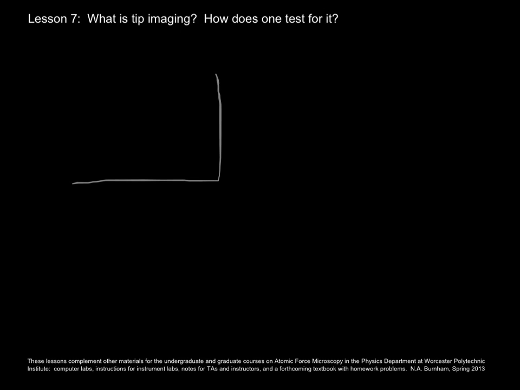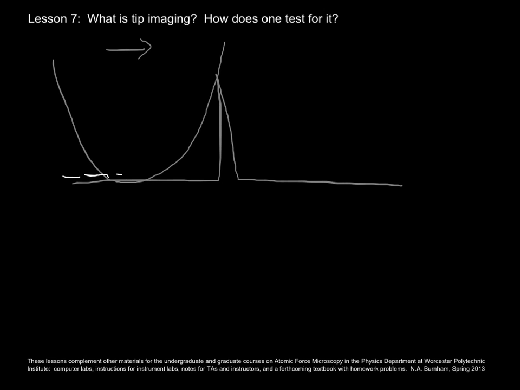Say we have a sharp feature on the surface, and our tip comes along like this, moving left to right, and it's at this point on the surface where it starts to go up and over that sharp feature.